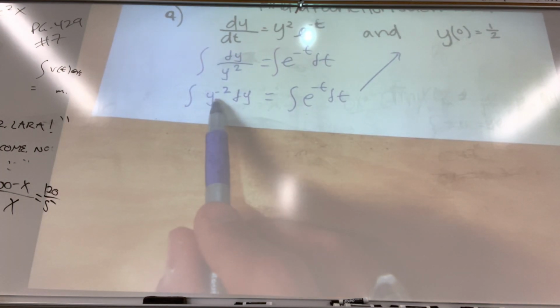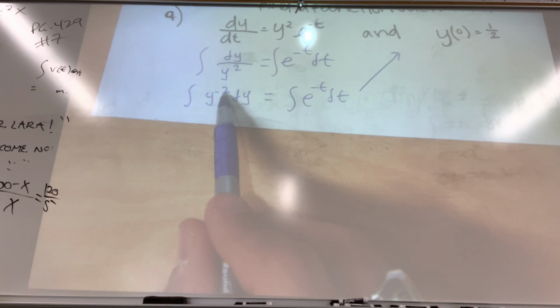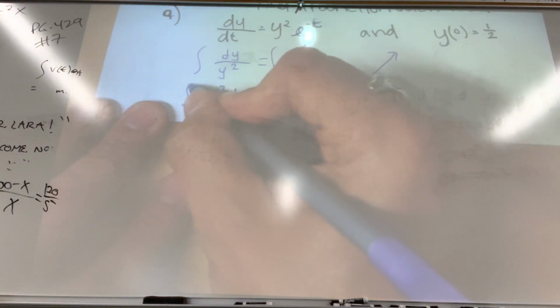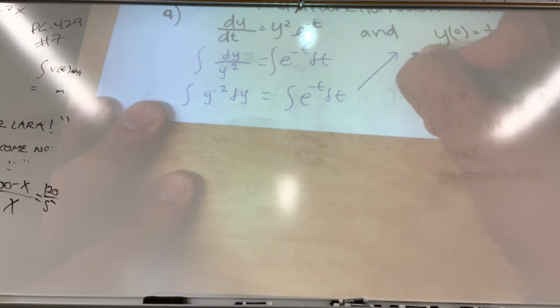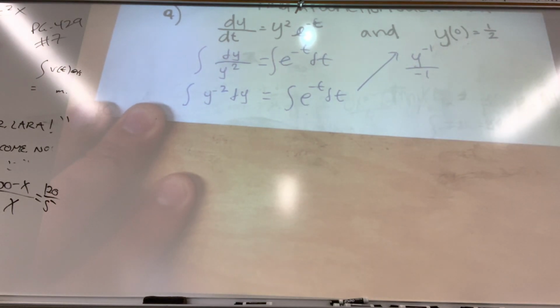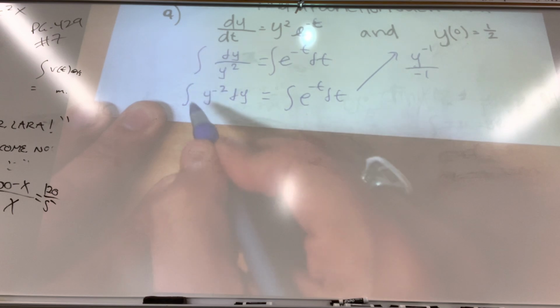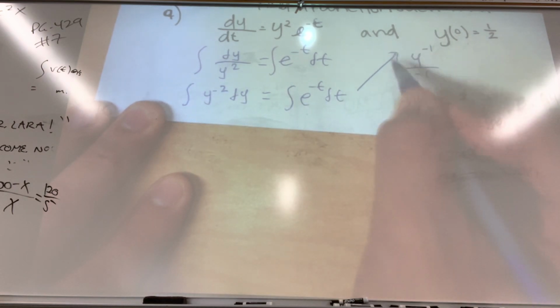Alright, what's the antiderivative of y to the negative 2? What do we do to the power? You add a 1. So no more integral because I'm actually doing the antiderivative now. So it'd be y to the negative 1 over negative 1. Yes? No more antiderivative. On your test, some of you, even after you did the antiderivative, you still kept putting this little symbol.